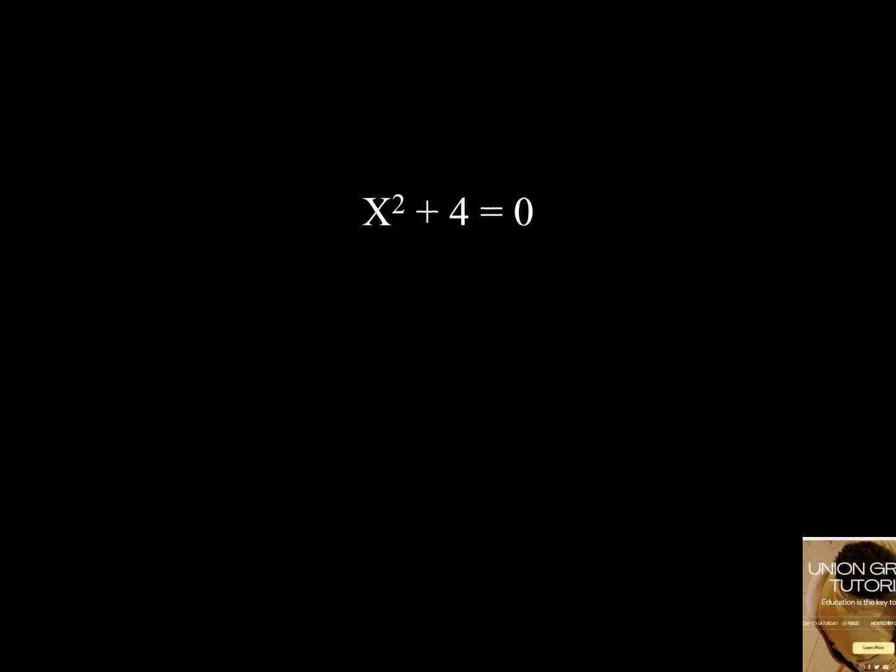Let's also look at s squared plus 4 is equal to 0. If you bring 4 to the other side, that is s squared is equal to minus 4. So find your value for s. That is, s is equal to square root of minus 4. If you type this in your calculator, you won't get an accurate answer either.